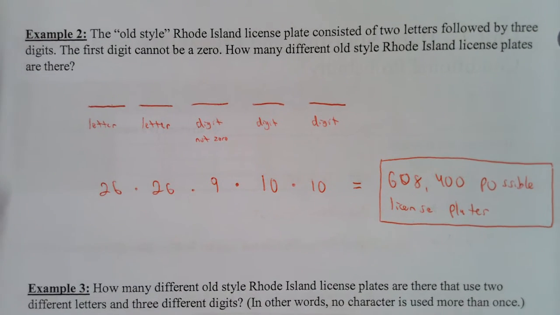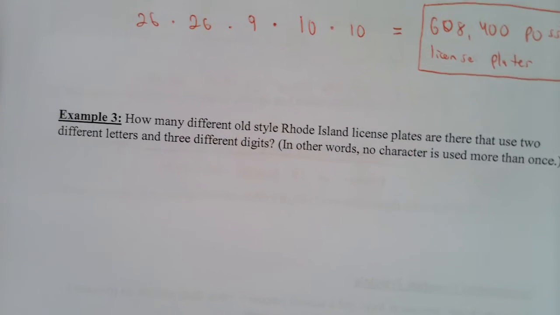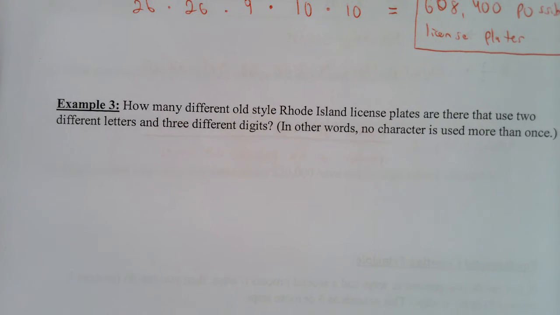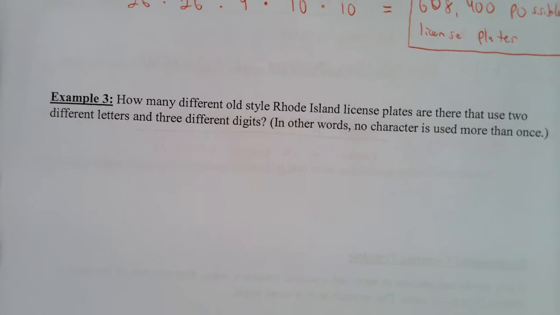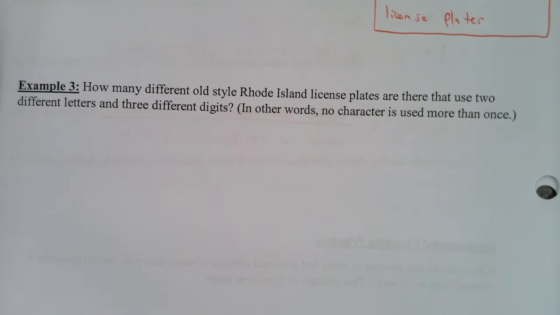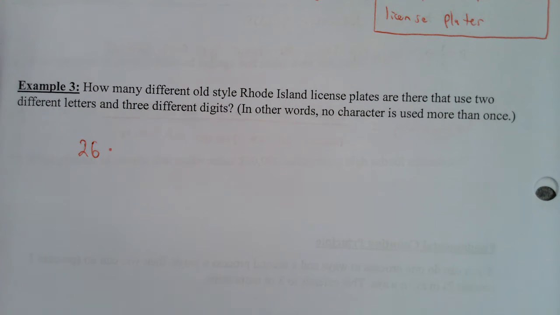The next one, how many different old-style Rhode Island license plates are there that use 2 different letters and 3 different digits? In other words, no characters used more than once. So we have 2 letters. The first letter, there's 26 possibilities. How many possibilities are there for the second letter if you do not use the same letter twice?